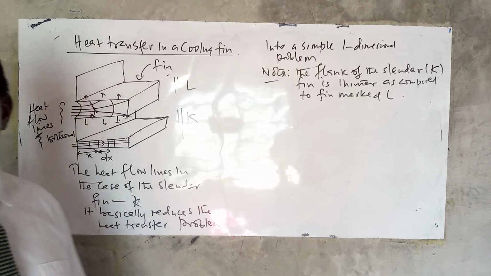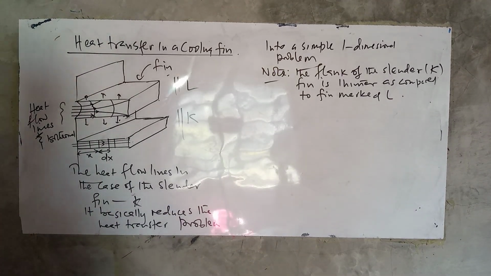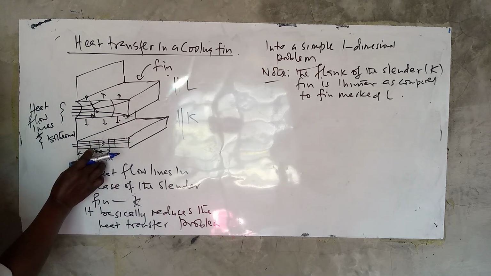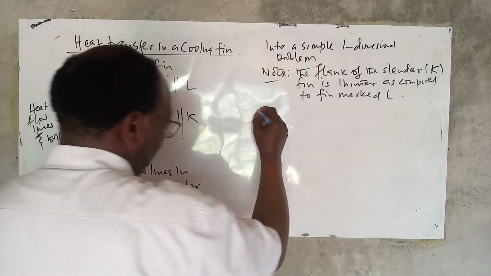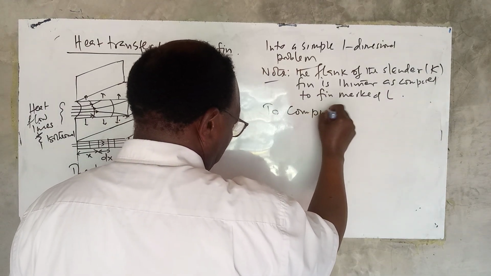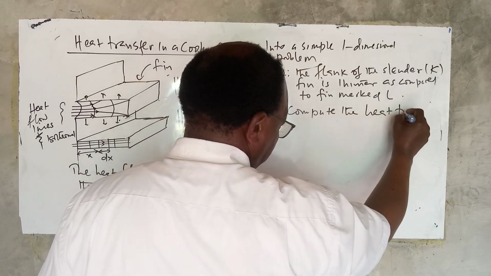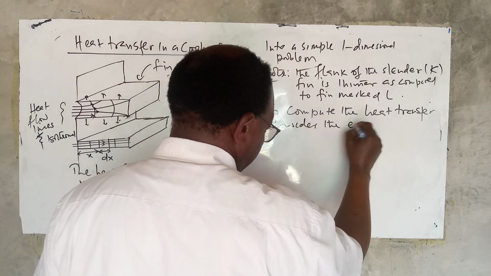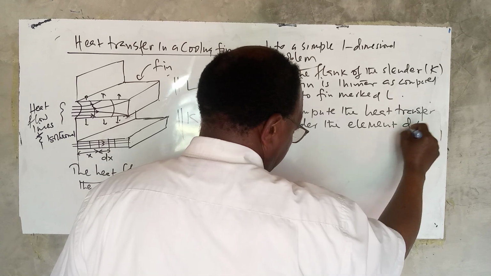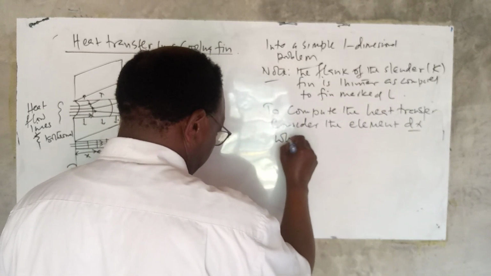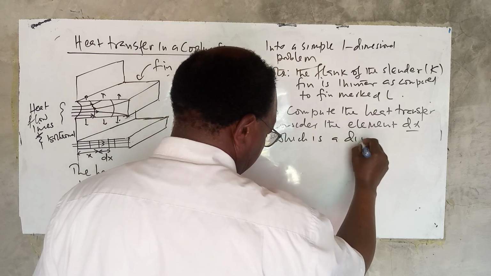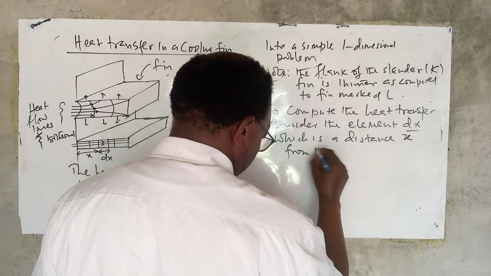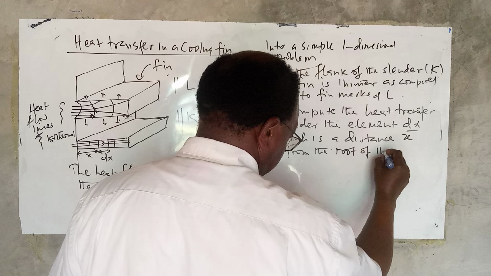So if we go back to the Fourier heat law, in general, if we want to deal with this element dx, which is a distance x from the surface, to compute the heat transfer, we consider the element dx, which is a distance x from the root of the fin.